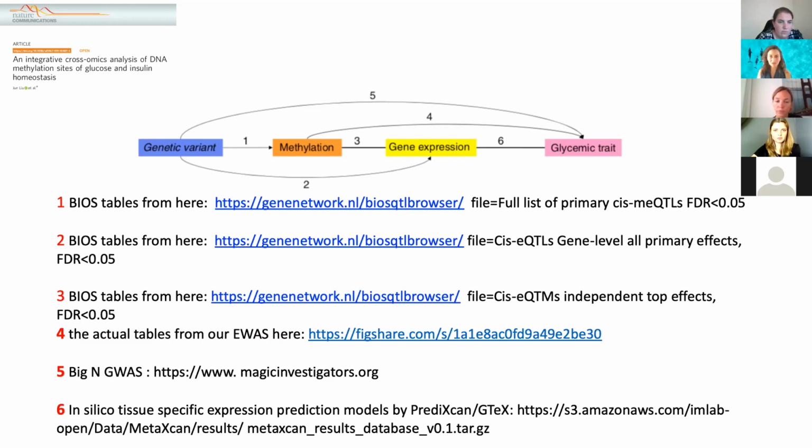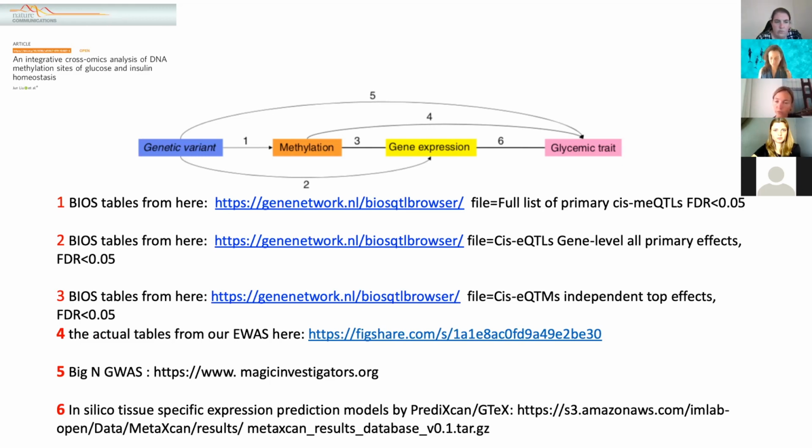And finally, we linked the gene expression to the glycemic trait by performing PrediXcan and MetaXcan on the GWAS of glycemic traits, using the models of gene expression provided by GTEx.